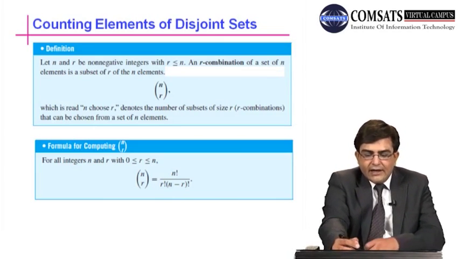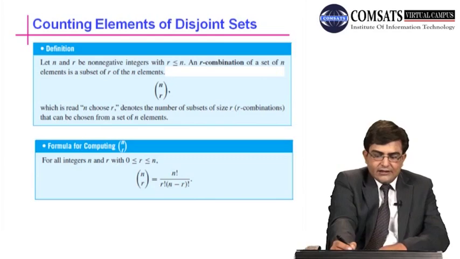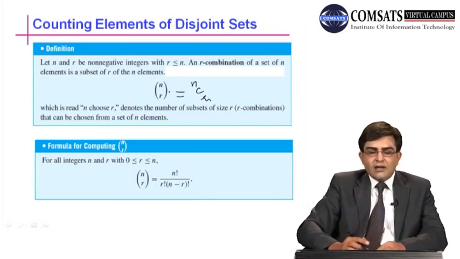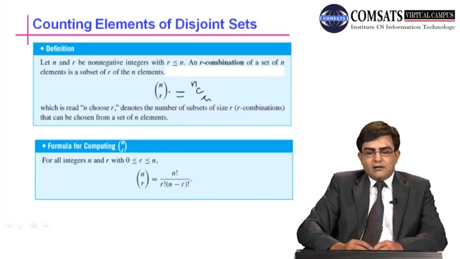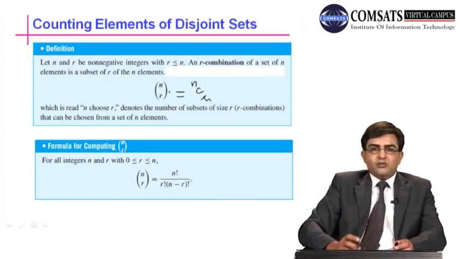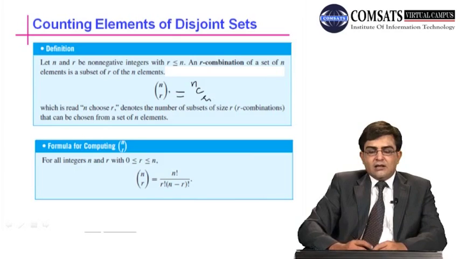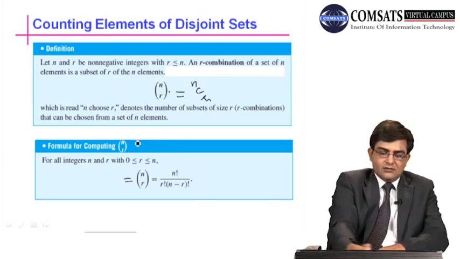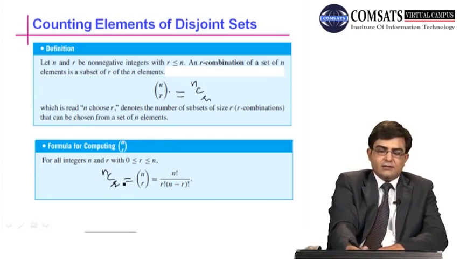It is denoted by nCr, and read as n choose r, which denotes the number of subsets of size r that can be chosen from a set of n elements. Its formula for computing such possible subsets is n choose r, or nCr.